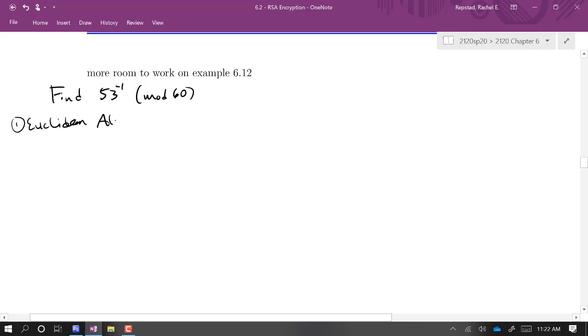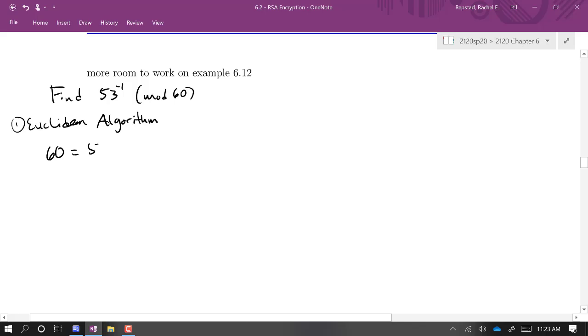Usually we use the Euclidean algorithm to see what the greatest common divisor is of two numbers. We know the greatest common divisor of 53 and 60 is 1. That's why we picked 53. But we need the Euclidean algorithm in order to proceed with the extended Euclidean algorithm.